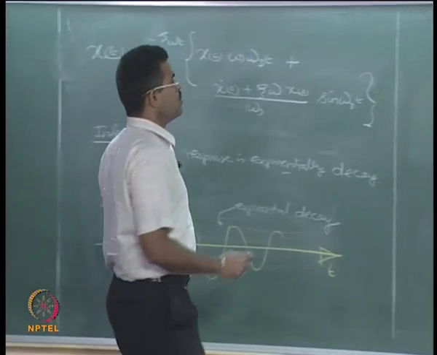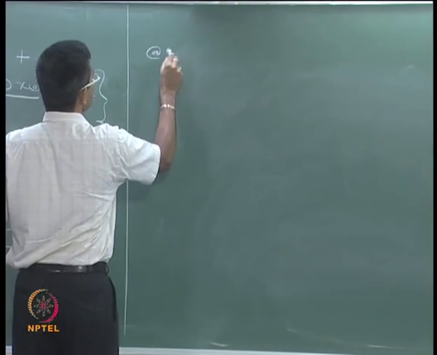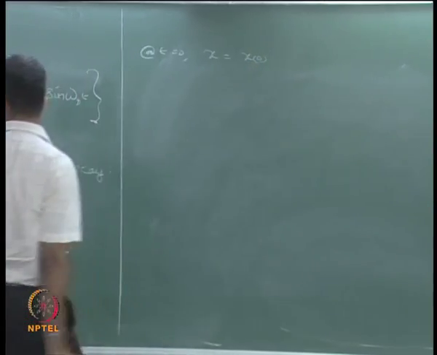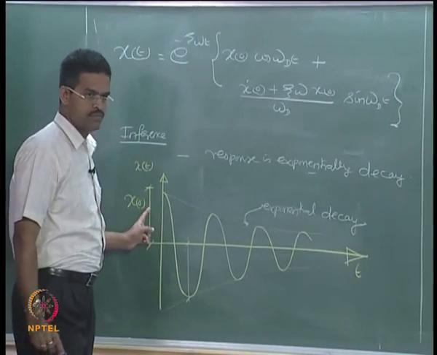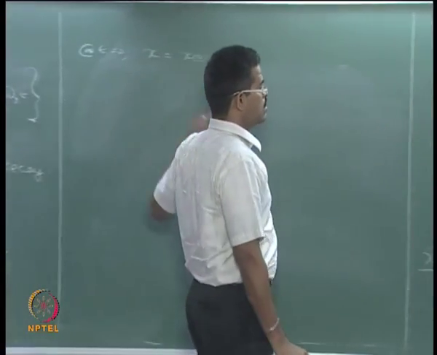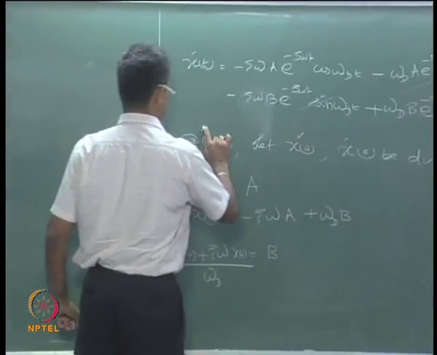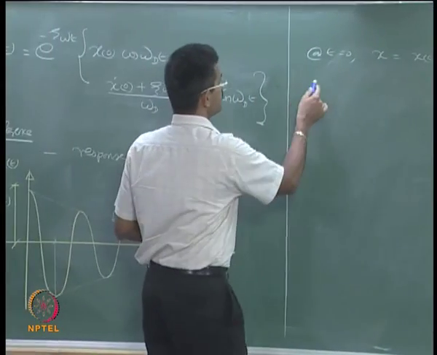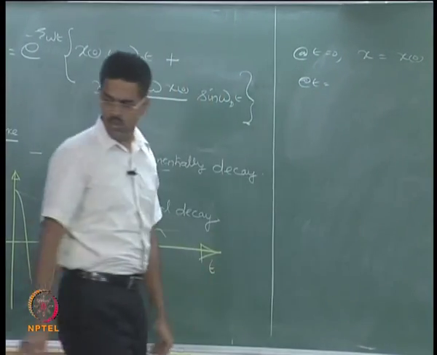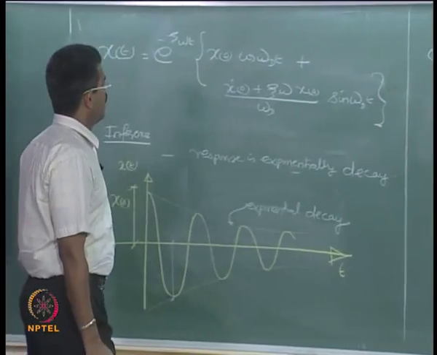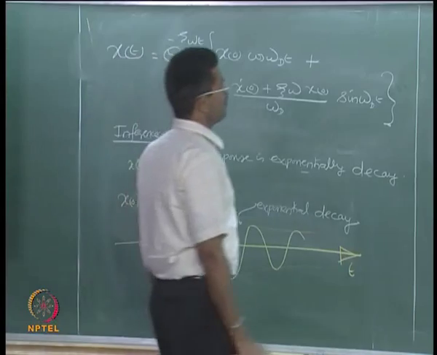So, we already know at t is equal to 0, x is nothing but x naught from this equation or from this curve. Of course, this was an initial condition we have also assumed. Now, I want to estimate this at t is equal to pi by omega d.